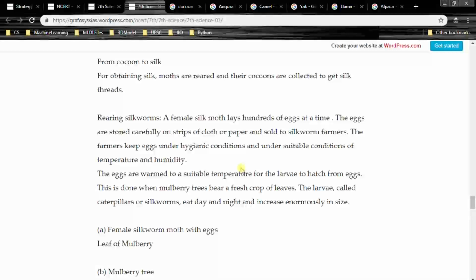This is done when mulberry trees bear a fresh crop of leaves. The larvae, called caterpillars or silkworms, eat day and night and increase enormously in size. So these caterpillars eat mulberry tree leaves, right? And that is their food.